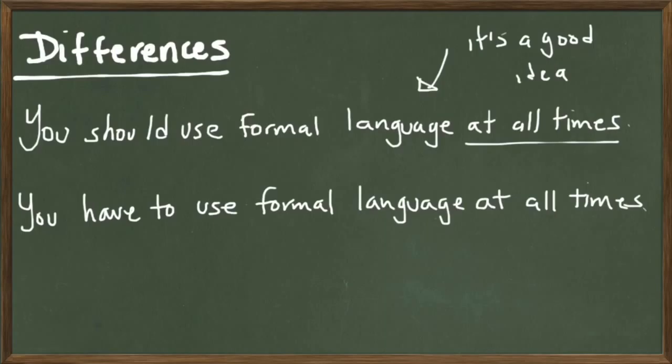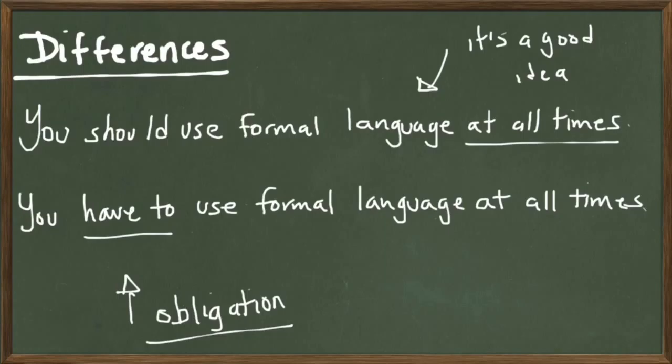In the second case, you have to use formal language at all times. Have to indicates that it's an obligation. Remember, if we don't comply with an obligation, there will be consequences, like maybe losing your job or having problems with clients or co-workers.